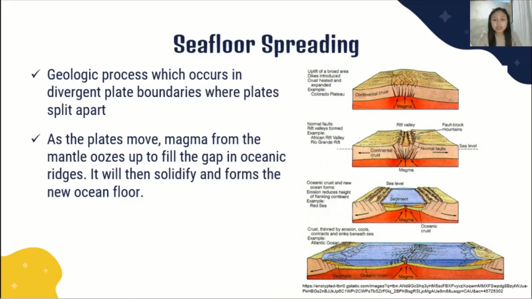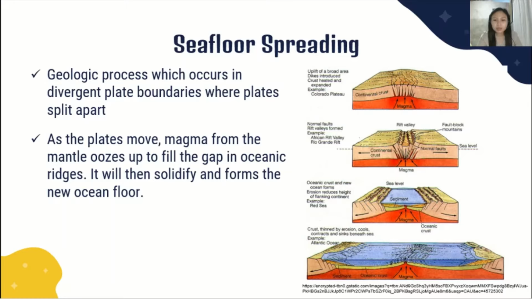The oceanic ridge has cooler temperature compared to the temperature here in the mantle. Now, as you can see here in the third and last picture, this formation of new ocean floor means the ocean floor becomes wider, meaning the seafloor is spreading.